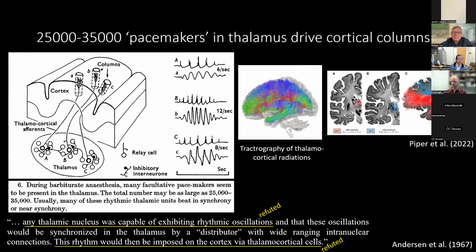This is basically covering the entire cortex, not surprisingly. So this means where cortex is seen, there is thalamic connectivity, and different thalamic nuclei have different cortical controls, as shown in this Piper 2022 paper.